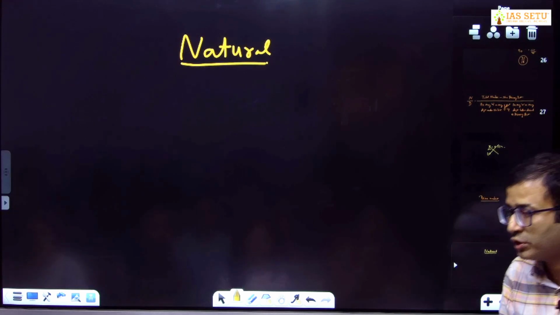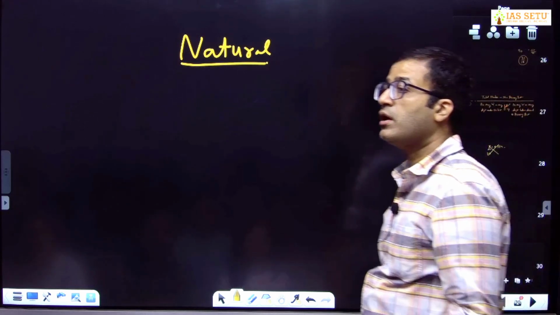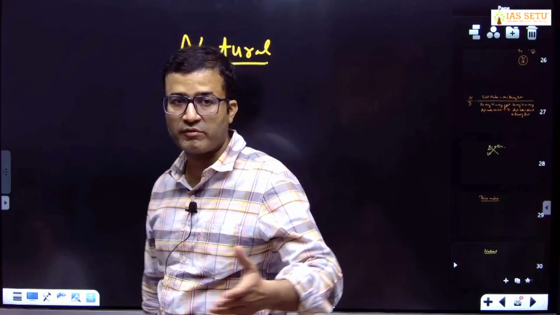Okay जी, come to the topic, prime number. Now we have natural numbers. You know natural numbers 1, 2, 3, 4, 5, 6.